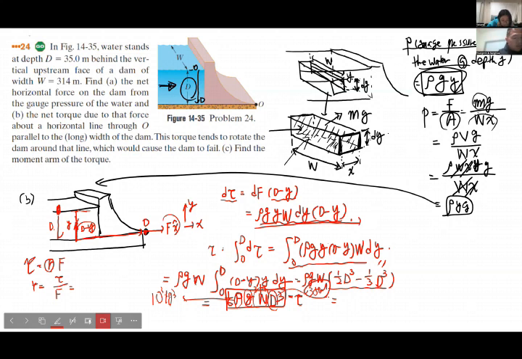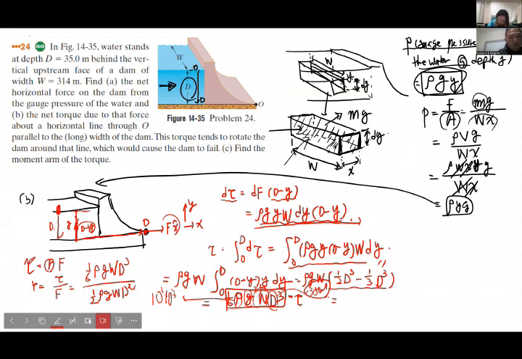The torque itself is 1/6 rho g times W D cubic, over 1/2, since the force itself is 1/2 rho g W D square.